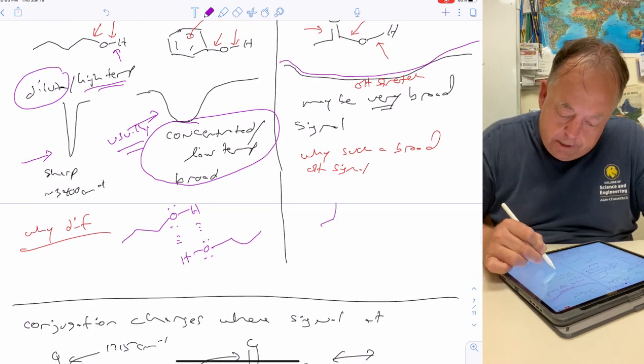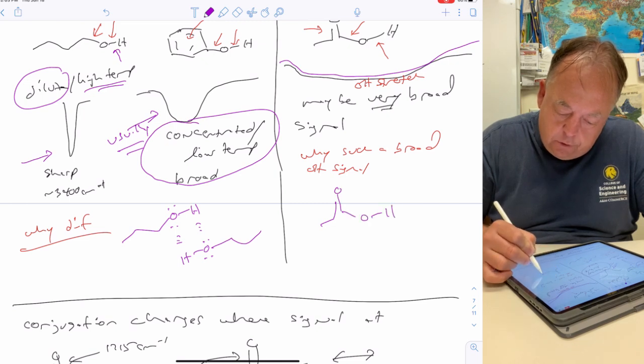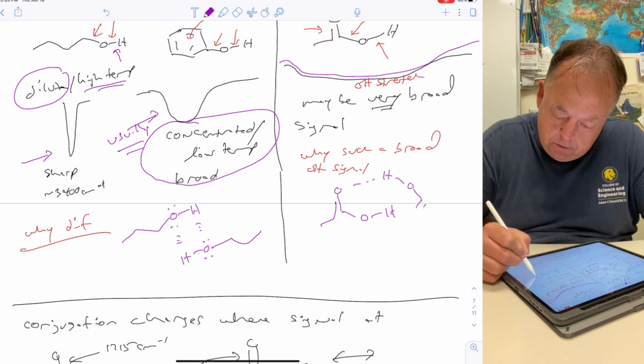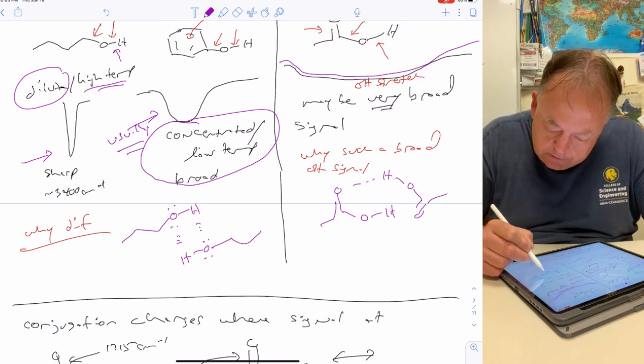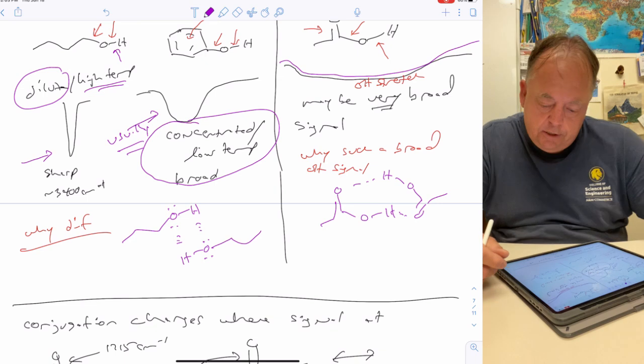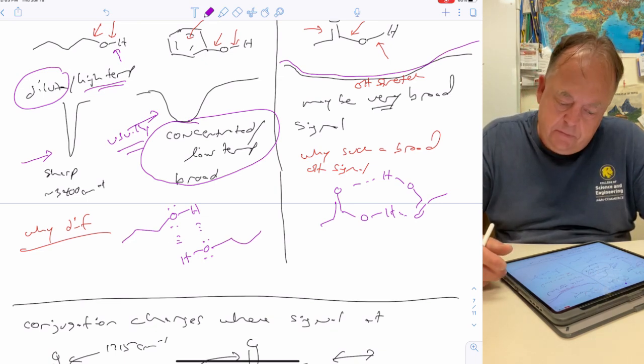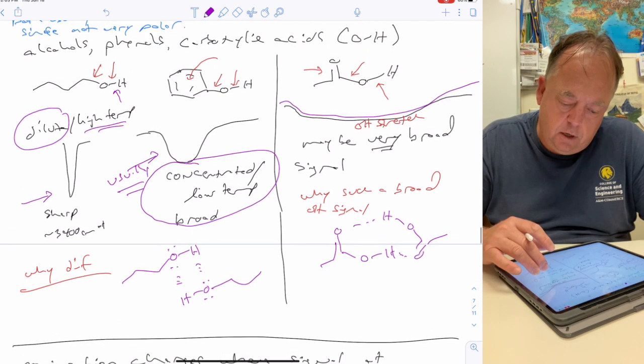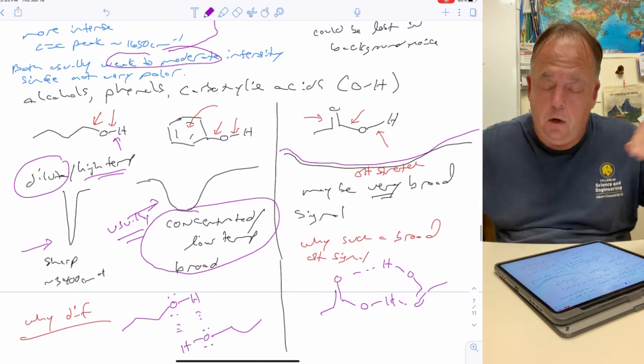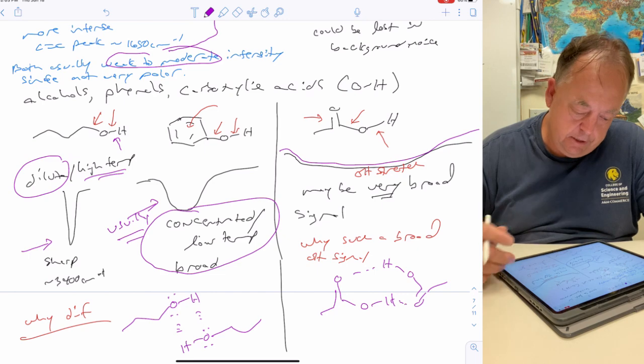And the reason why is because carboxylic acids form really good hydrogen bonds. They can dimerize in solution, so they typically make very strong hydrogen bonds, and that often leads to very, very broad signals for the OH of a carboxylic acid.